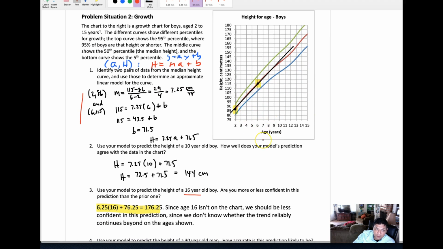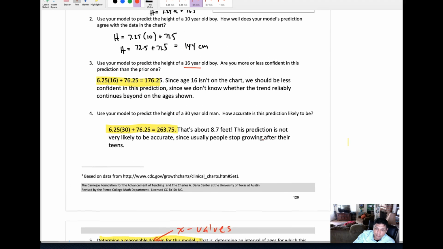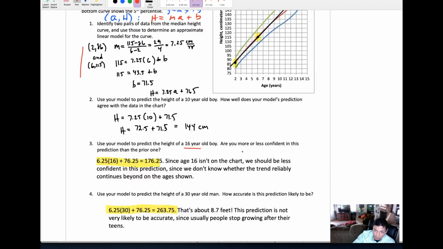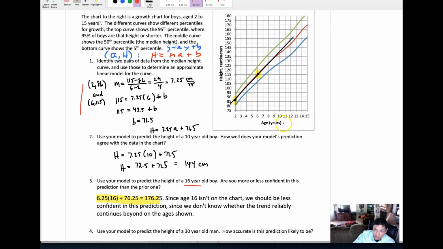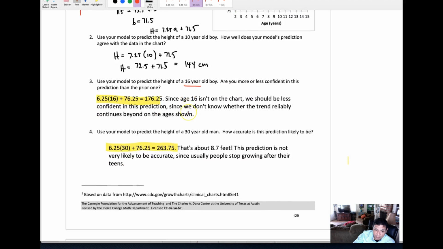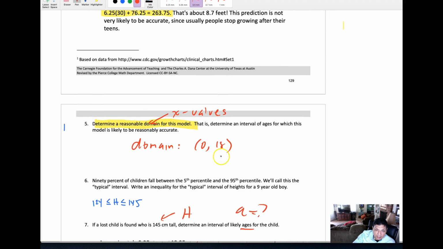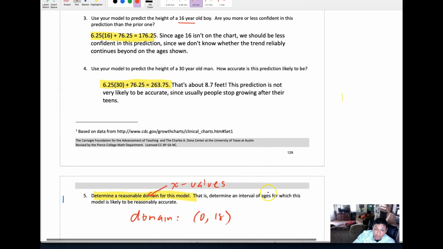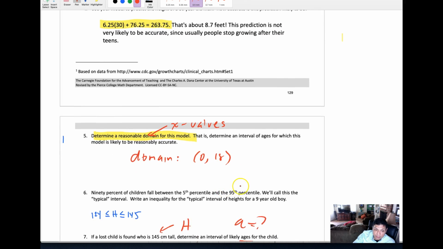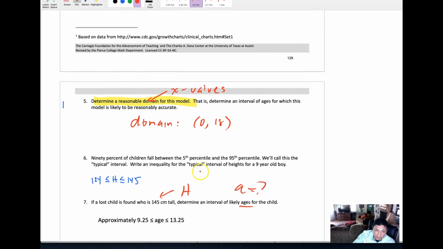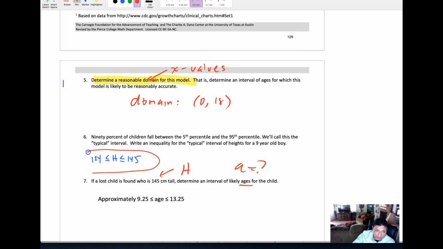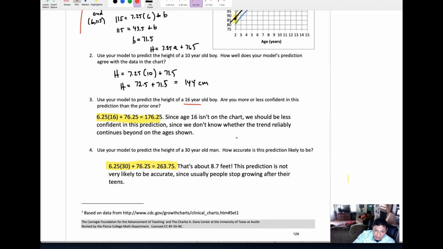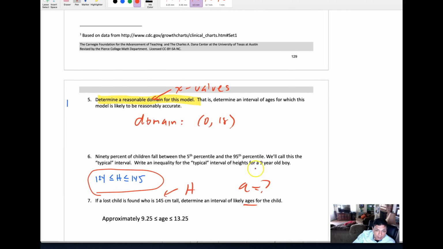So this is only good for a certain set of values, which we would call the domain, which is in this question here. What's a reasonable domain? Domain is what are the good x values we would use for this equation. In this case, we would say probably from 0 to 18, even though it goes to 15, we could probably say boys stop growing around 18 years old. And then looking at the other values here, here's the answer to the inequality for the 95th and the 5th percentile for a 9-year-old boy.